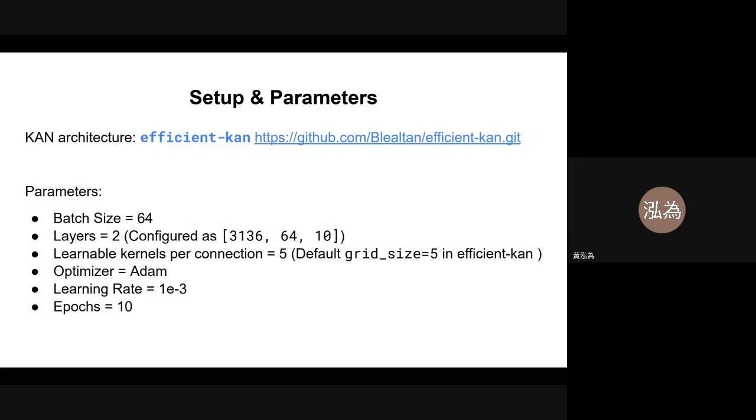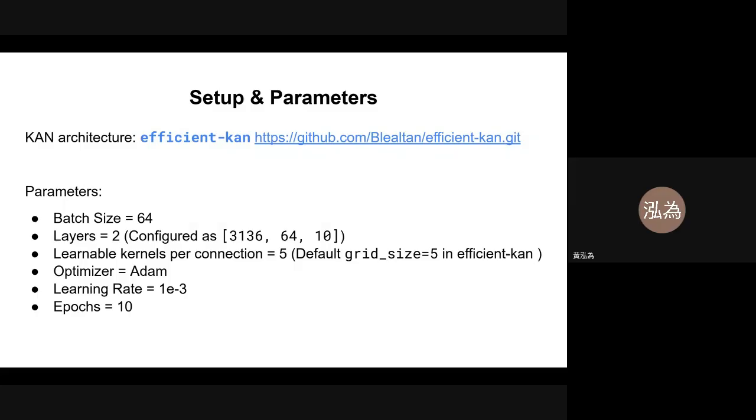After the CNN part, we flattened the image into an array of 3,136 numbers. Then instead of using traditional fully connected layers, we passed this input directly into a CAN layer with 64 hidden nodes and 10 output classes. We trained this model for 10 epochs using the Adam optimizer.